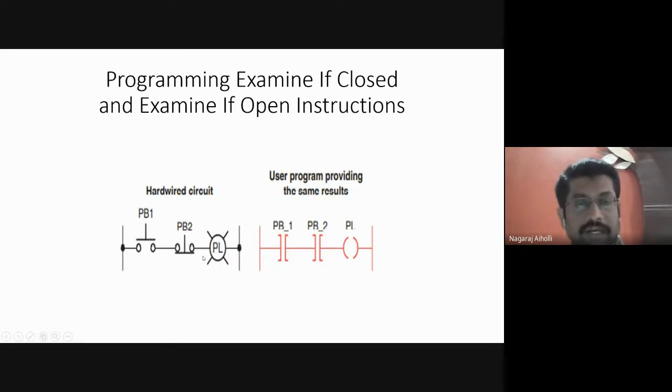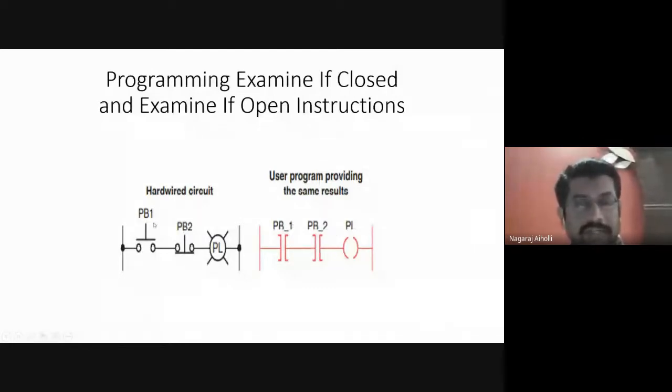Then the ladder diagram means we write the program in the form of contacts and coils. Inputs we show as contacts, and outputs we show as coils.